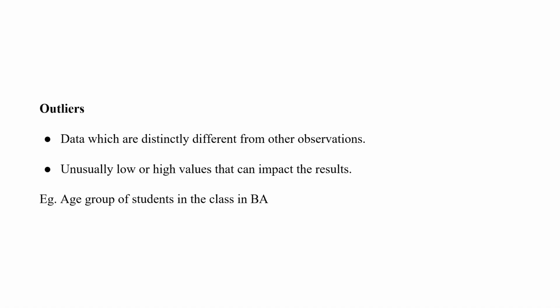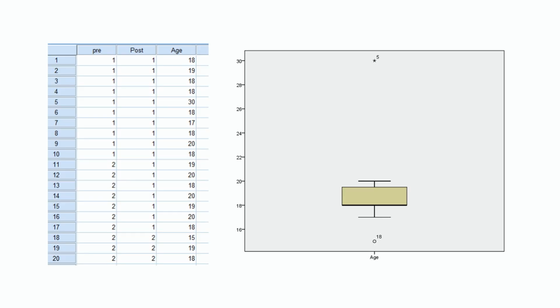See, you find the example here, a question: age group of students in a class. I wanted to check, so the data I entered is like this. Age you can find in column 3, that is 18 years, 19 years, like that it goes. And can you see one particular respondent, ID 5?